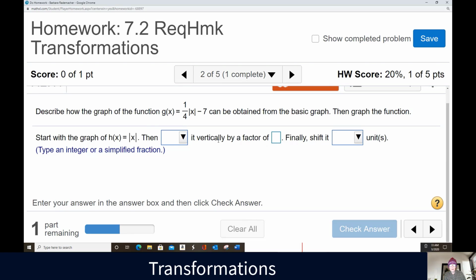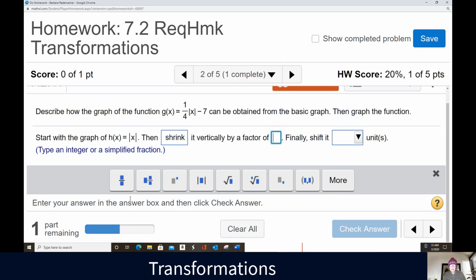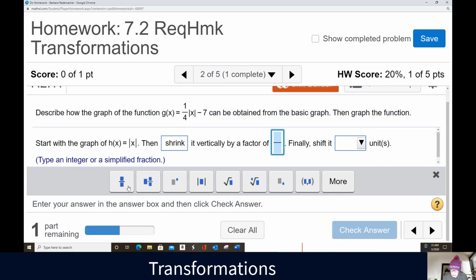A vertical stretch or a vertical shrink. Well, the number in front controls the vertical stretch or shrink. And when it's a fraction, you're going to have a shrink. So then shrink it vertically by a factor of 1/4.